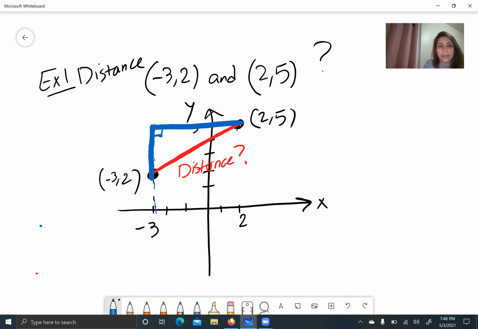This is a right triangle. So what are the values of the legs of this triangle? This is 1, 2, 3, 4, 5, so this side is 5 units. What about this side? This is 1, 2, 3. This is 3.